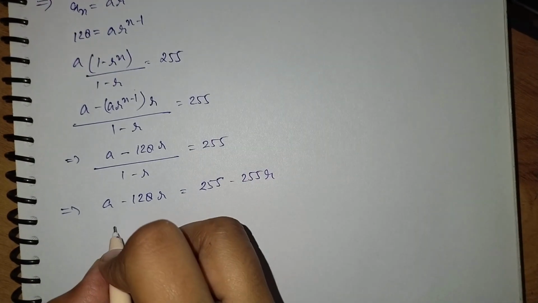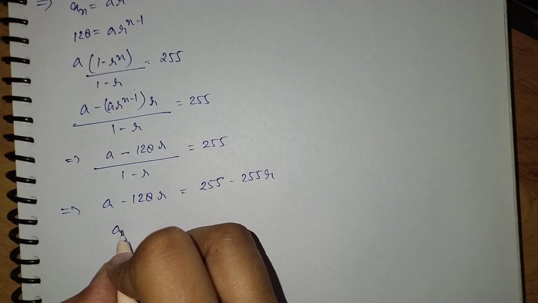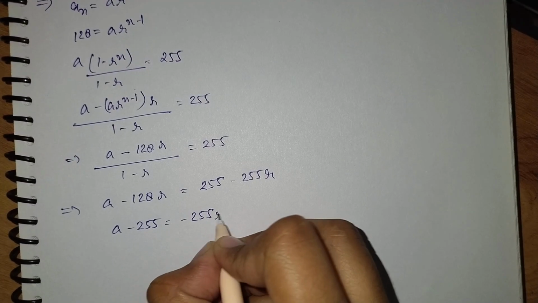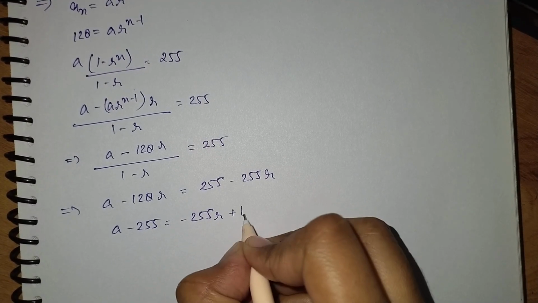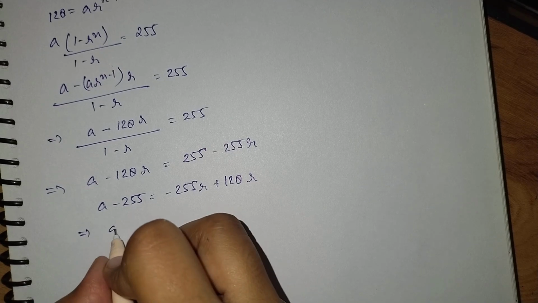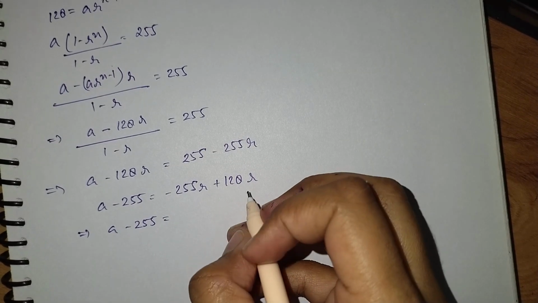We can solve it like this: we can write a - 255 equal to -255r + 128r. So a - 255 equal to (-255 + 128) r.